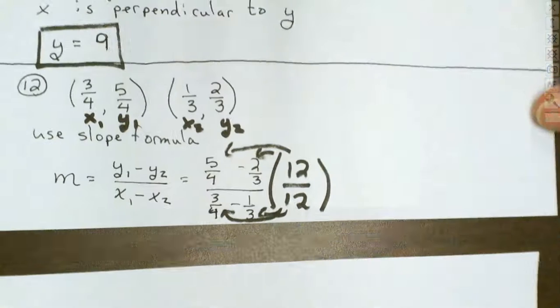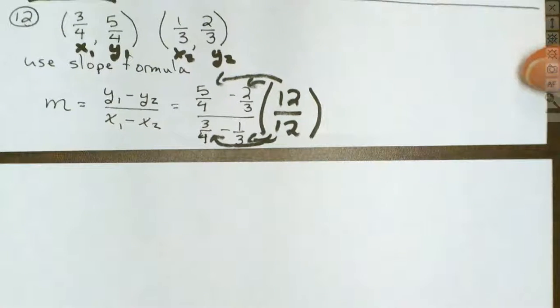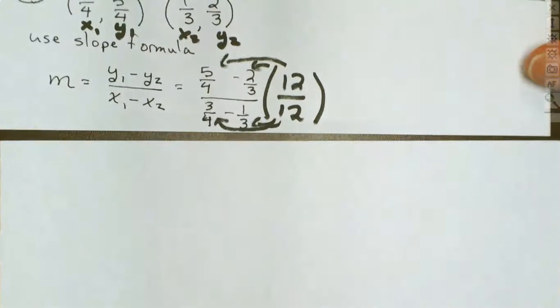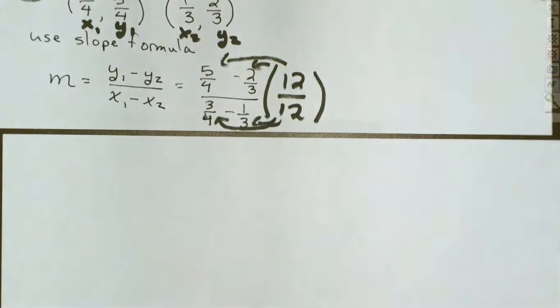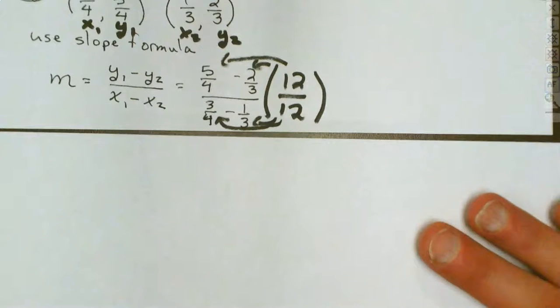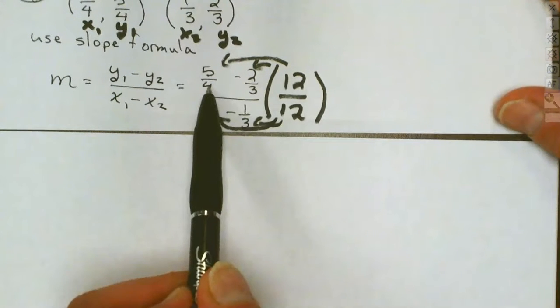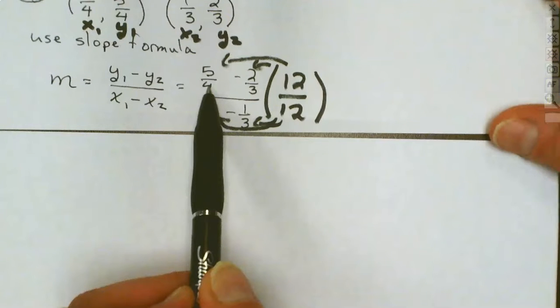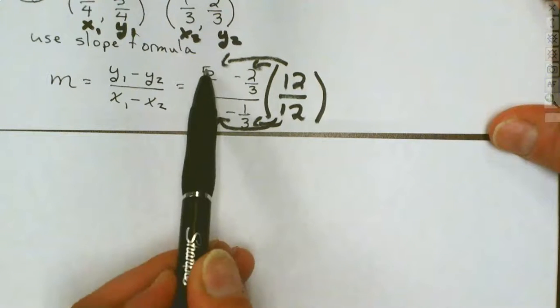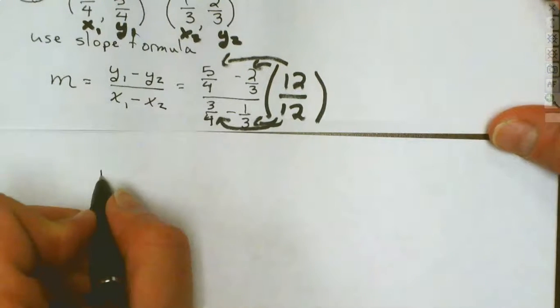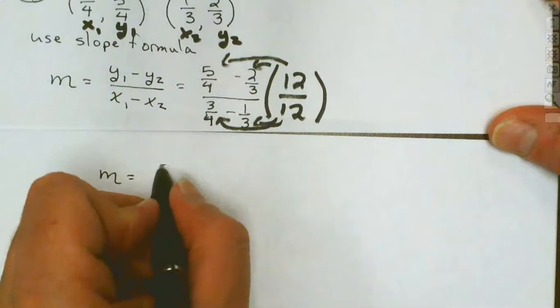So let's now go ahead, clear out our fractions, and reduce down our slope. Well, 12 divided by 4 is 3. 3 times that 5 makes it now 15.